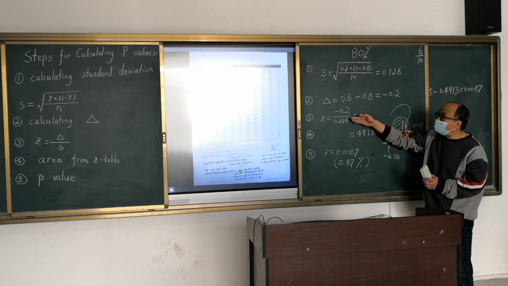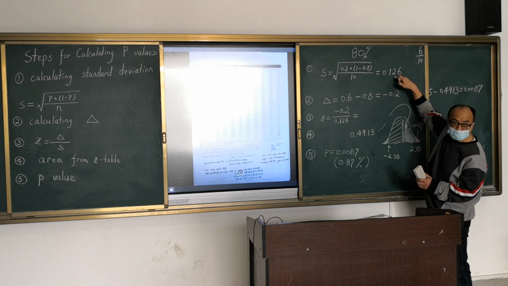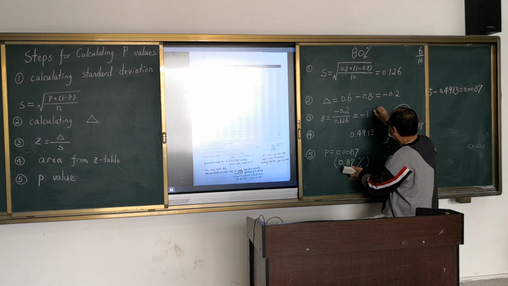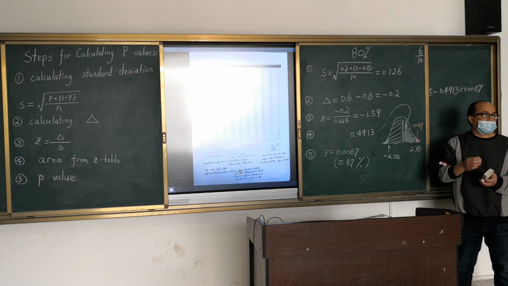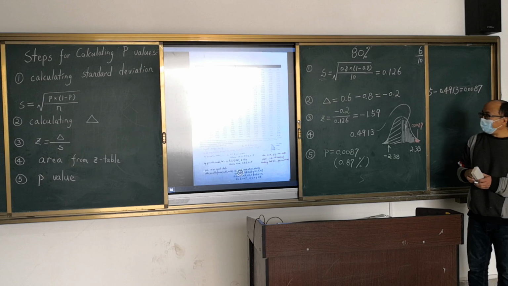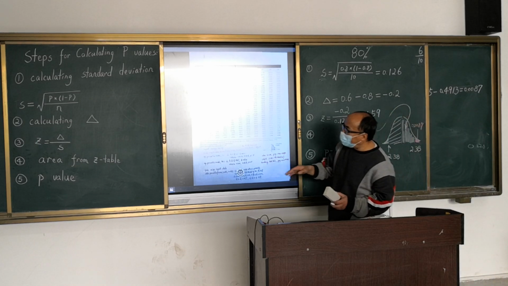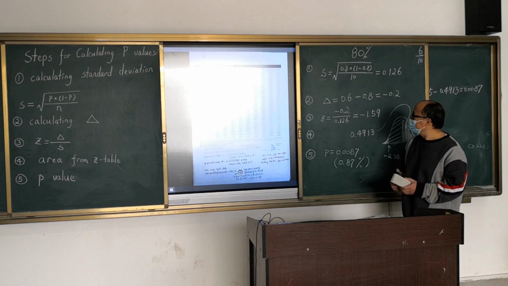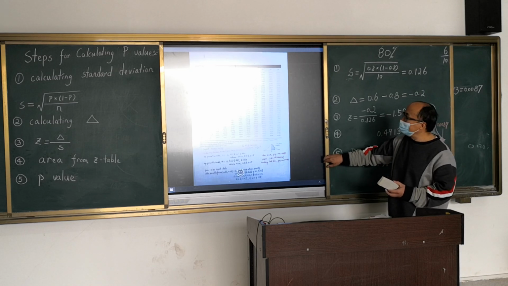And we want to find the ratio of this over this. So what's this? Minus 1.59. Okay? Then find the area. What's the area?